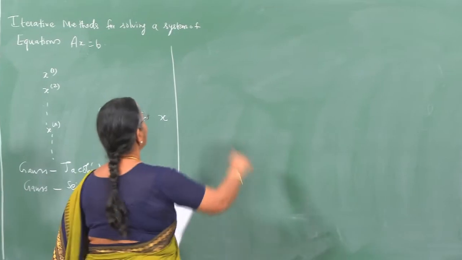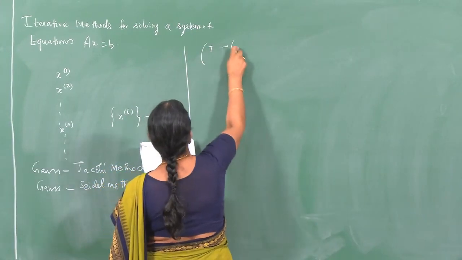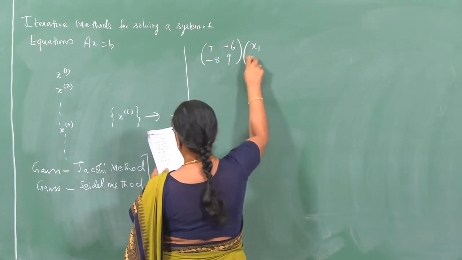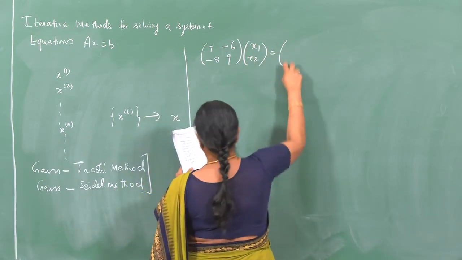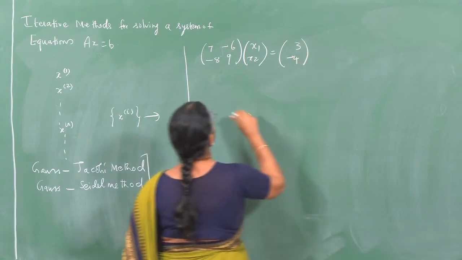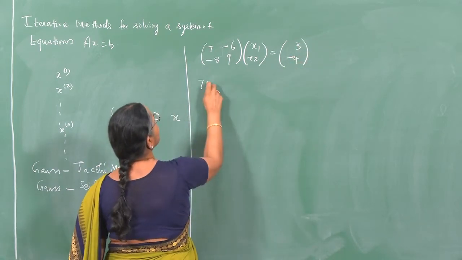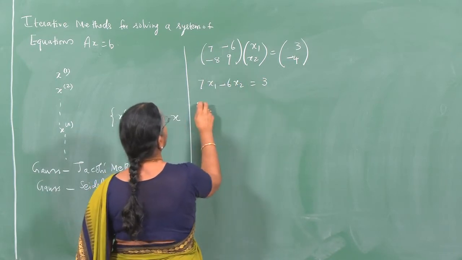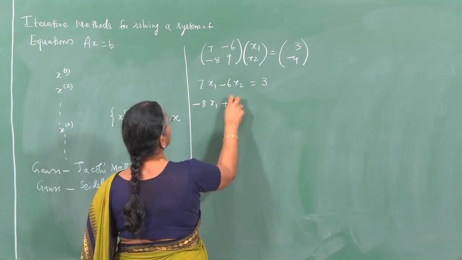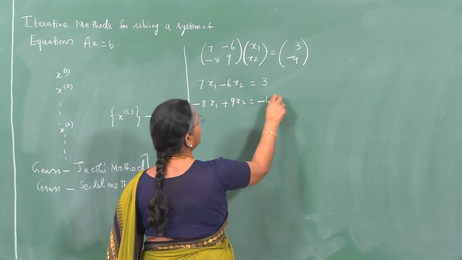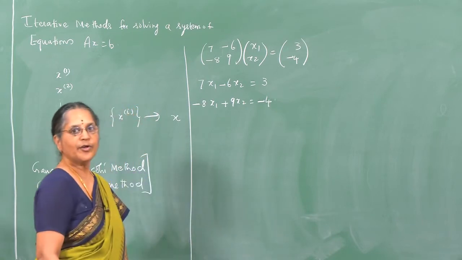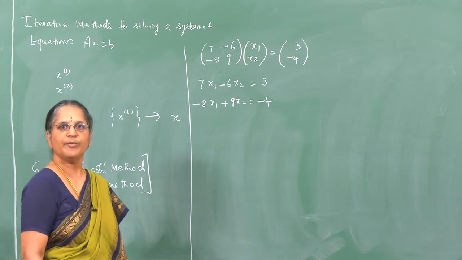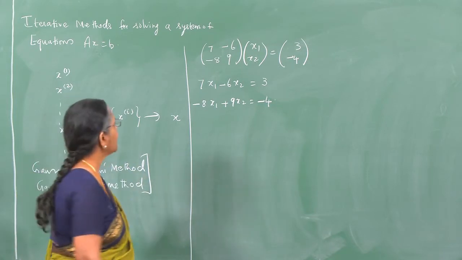Suppose we are given the system of equations with matrix [7 -6; -8 9], unknowns x1, x2, and right-hand side [3; -4]. If I write out this equation, then it is 7x1 - 6x2 = 3, and -8x1 + 9x2 = -4. The procedure for solving this system using the Gauss-Jacobi method is as follows.